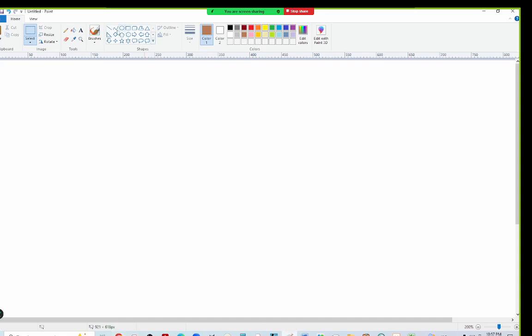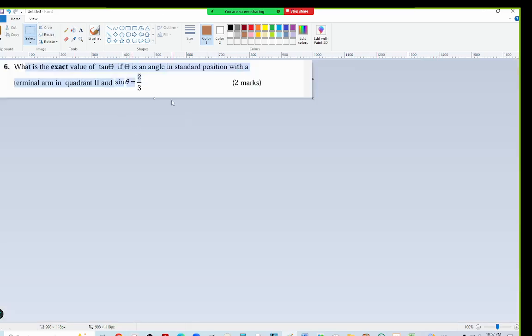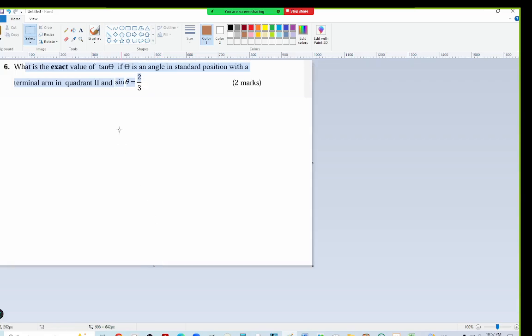Okay, so we've got a triangle. They haven't given us the coordinates, but they tell us it's in what quadrant? Two. So we know we're dealing with an arm down here in quadrant two. We just don't know where it is, so we'll just put it anywhere.